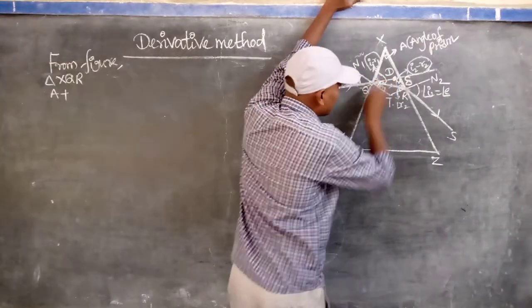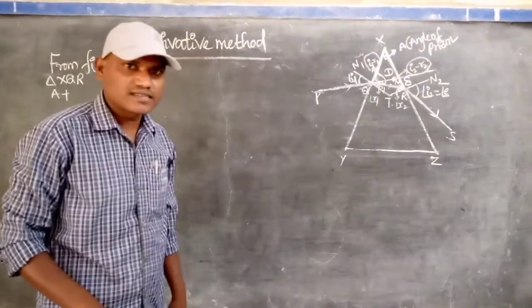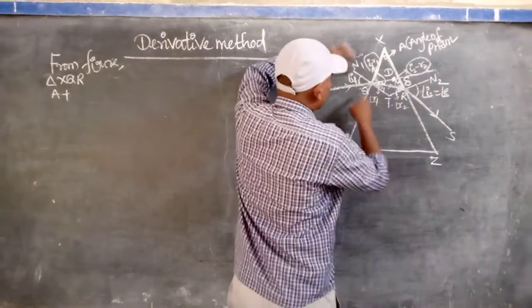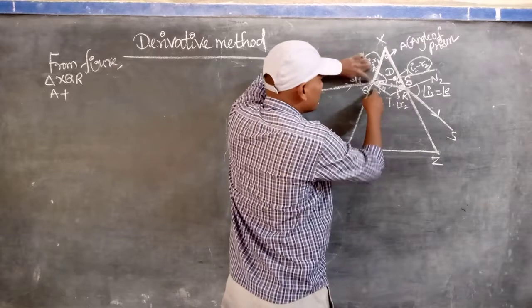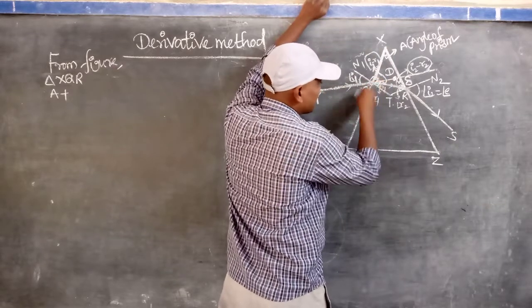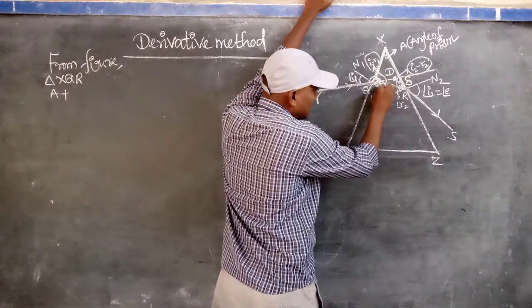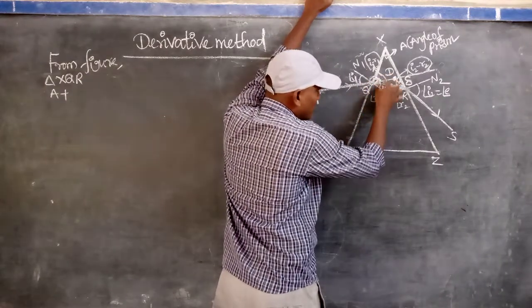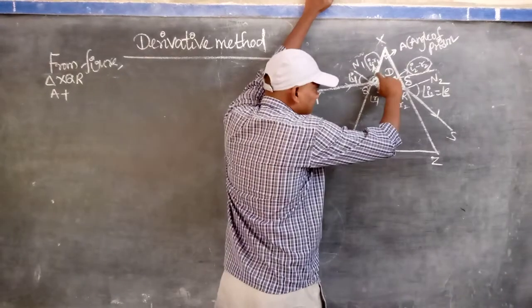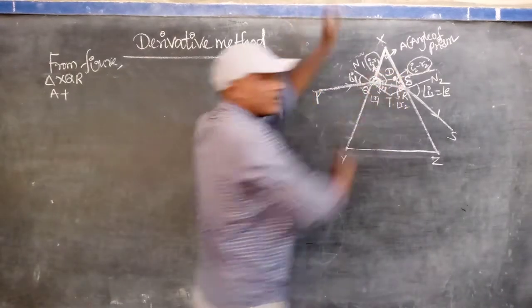So what is this angle? 90, because it is the normal for this one. Normal means 90 degrees. This is R1, but we want only this one, that's why 90 minus R1 is this value.